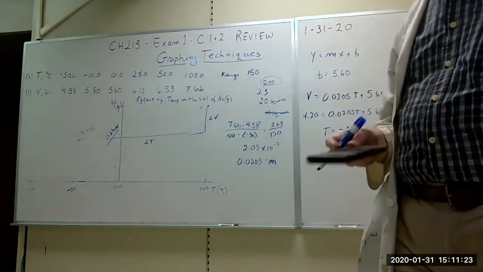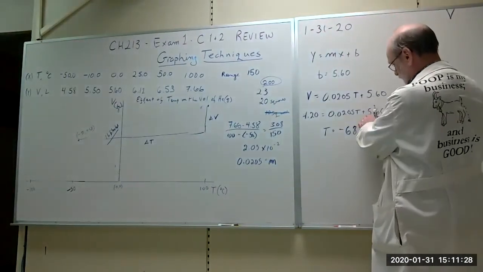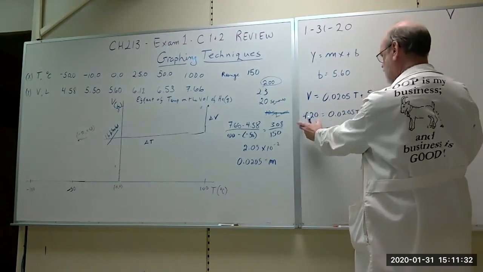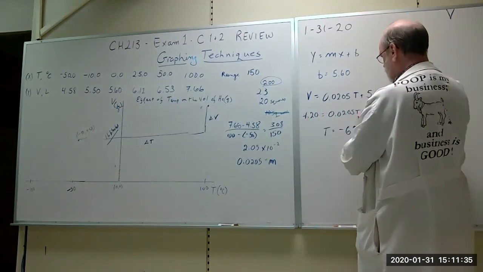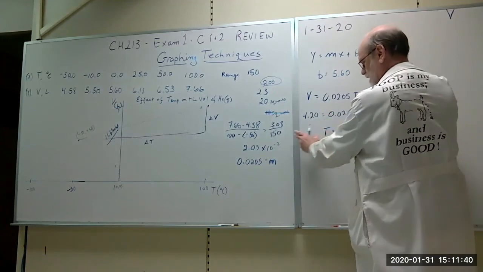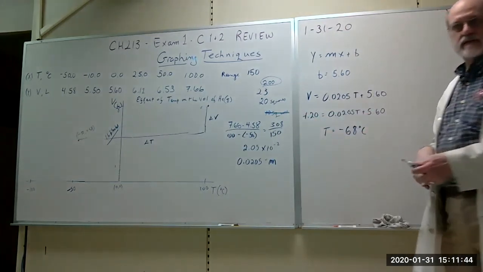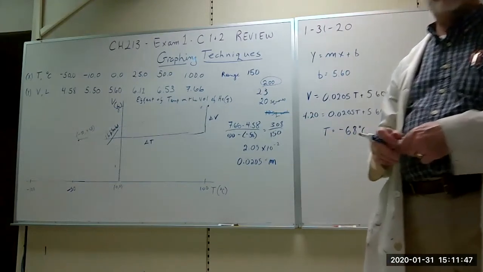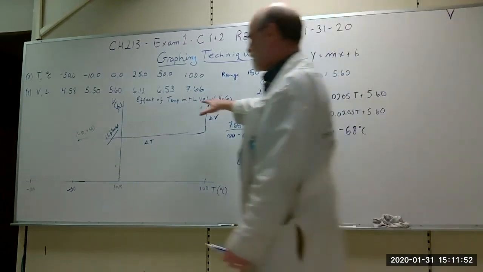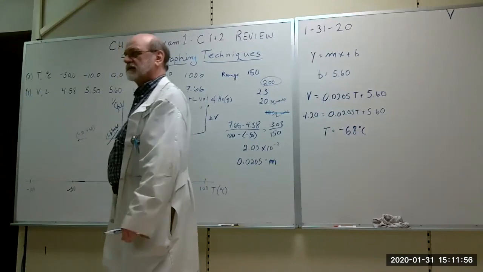You can check me and see if I'm right. But how would you solve the equation? Well, you take this one over here. So this would be 4.2 minus 5.60. You have a minus number over here. And then you hold this T and divide both sides by this one. So divide by that is 1. Divide 0.0205 here. And you get a negative 68, I think. If you estimate it from the graph, probably the best you could do is say, minus 70.